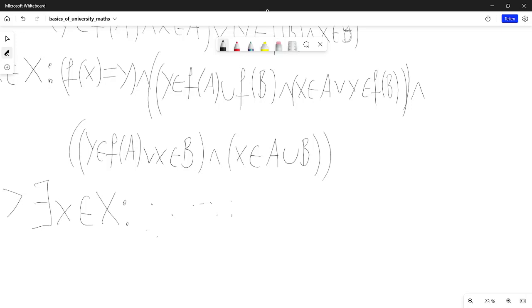Such that x as element a, b, and f of x equal y. That's what we want.